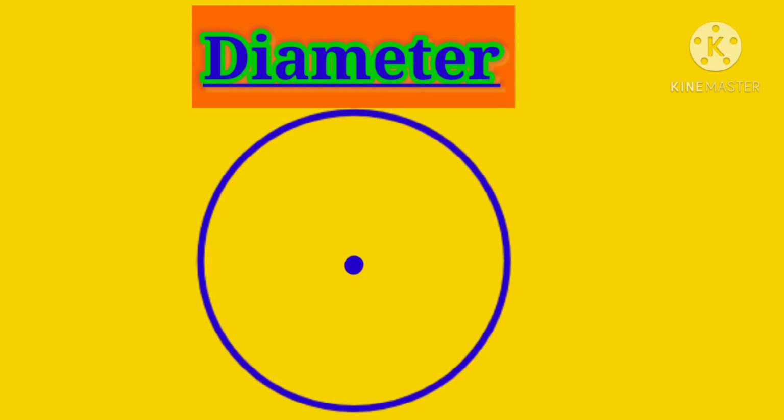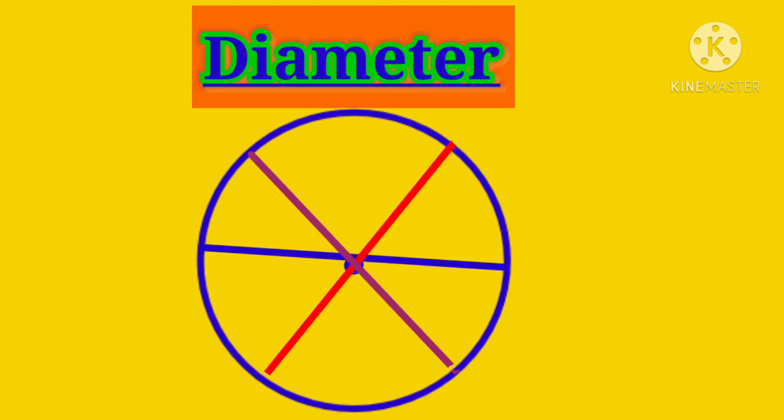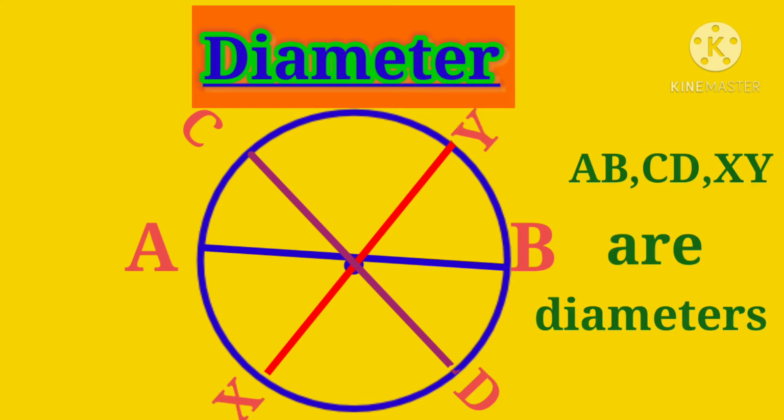Students, the next term is diameter. Here you can observe line segments which are passing through the center of the circle. AB, CD, XY line segments are passing through the center of the circle. So, AB, CD, XY are diameters.